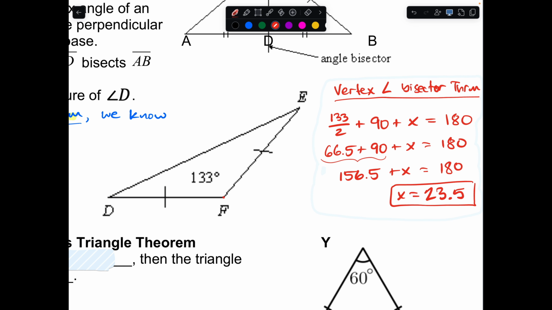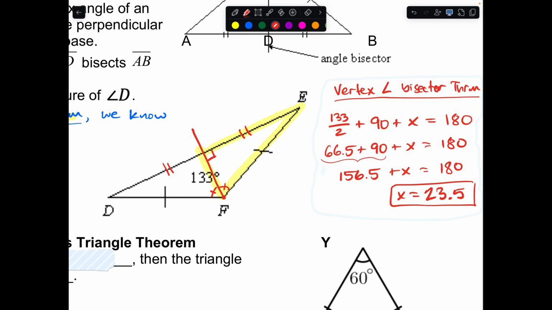So if I bisect this angle, cut it in half into two angles of equal measure, the vertex angle bisector theorem tells me that this is a right angle and that these two sides are congruent. So I can actually just look at, say, this yellow triangle here.